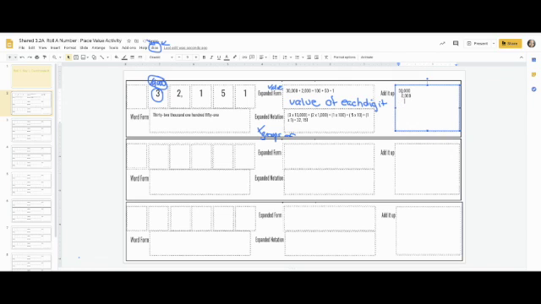Then the next number, start in the right place value, 100. Then the next number is 50. Now see, I have to move it over because the 5 in 50, the digit 5 has to line up with the tens. And then the last one is a 1.